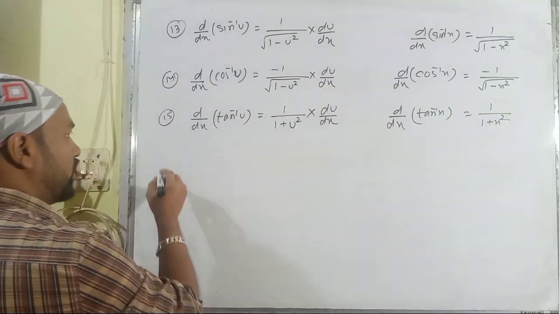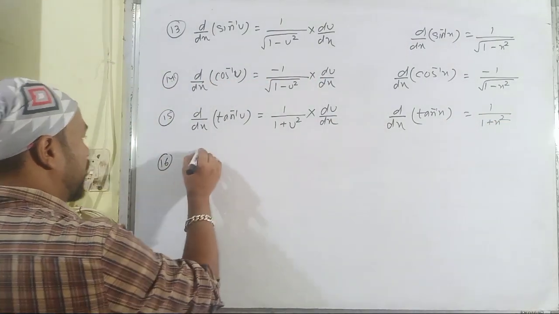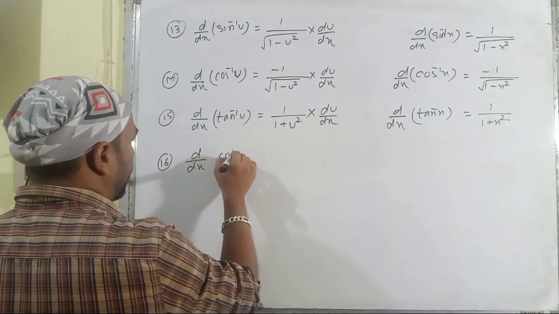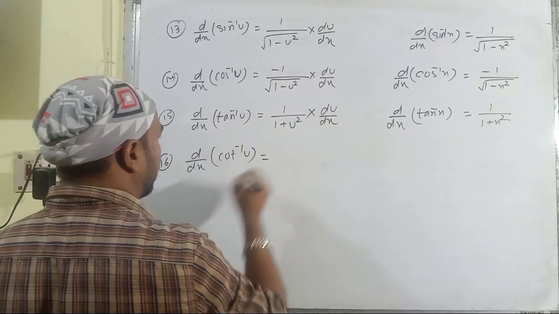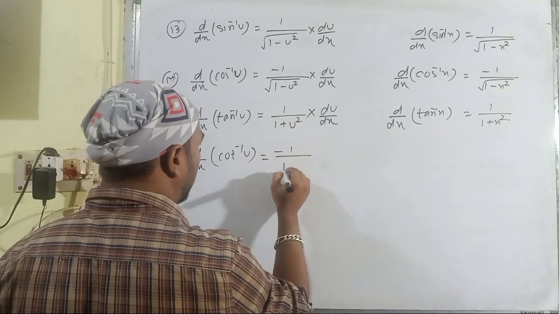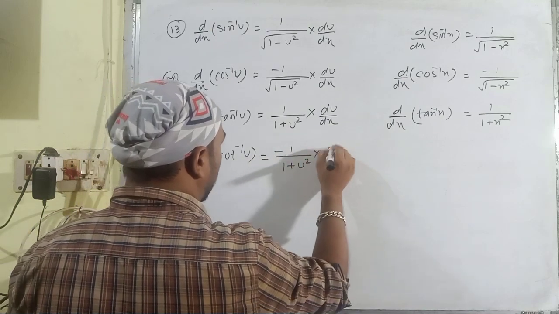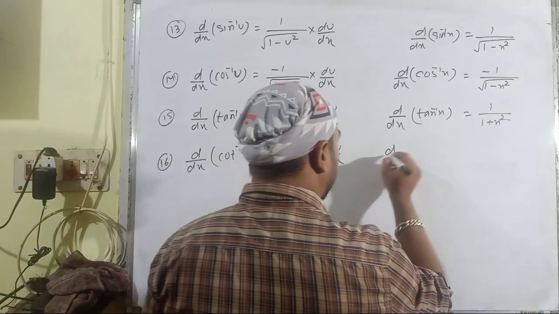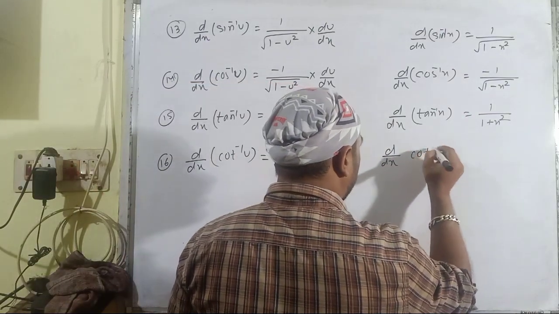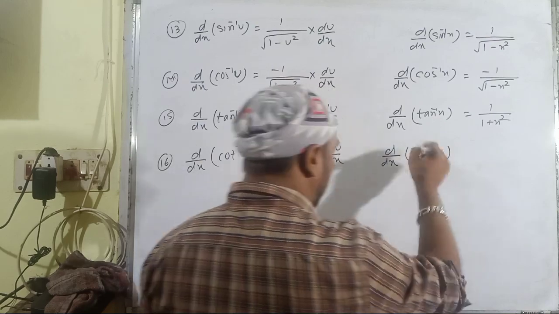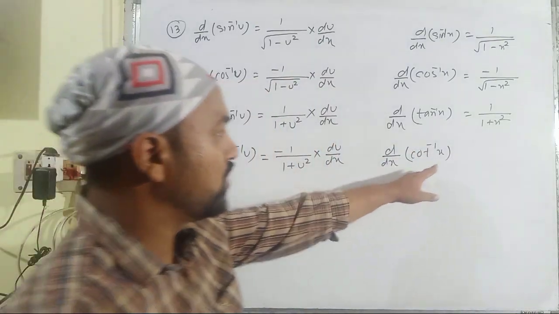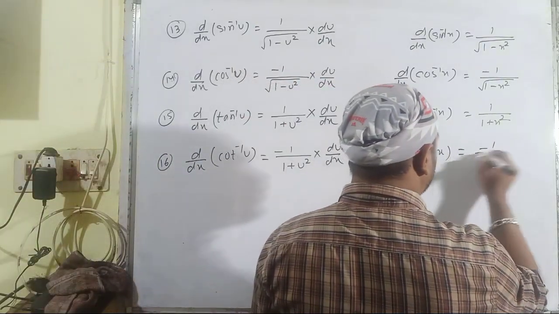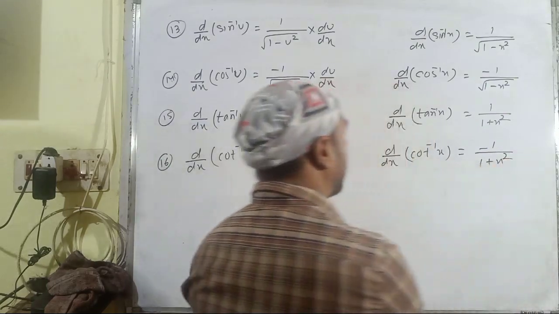Here it is the number 15. Then number 16 is here: differentiation of cot inverse u is minus 1 over 1 plus u square multiplied with the differentiation of u with respect to x. Previously we know that differentiation of cot inverse x is minus 1 over 1 plus x square.